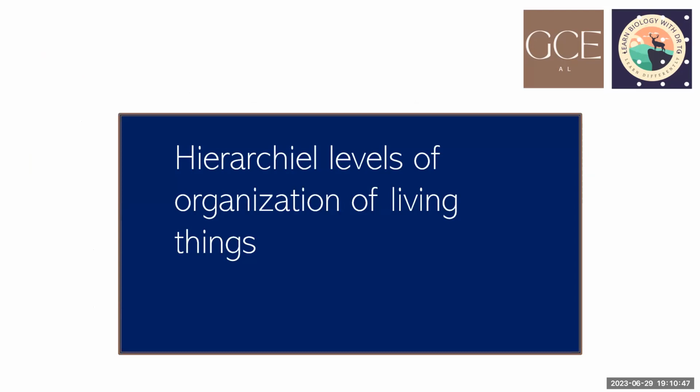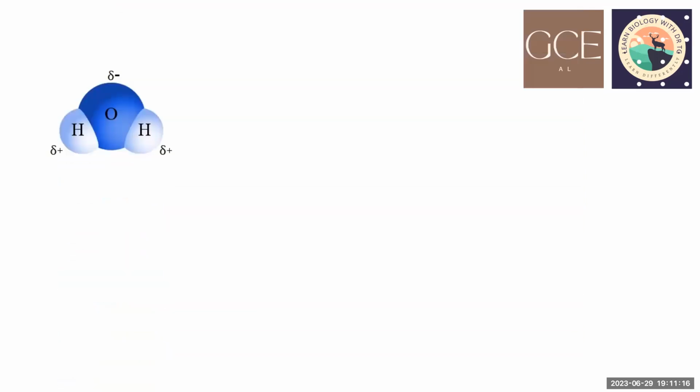Last thing is hierarchical level of organization of living things. Now I told you atom, elements, compound, and compounds make cells. From that point onward, living things are changing from other non-living things because cell is the basic functional living unit of living organism. So then we have to go forward with these things, molecules.